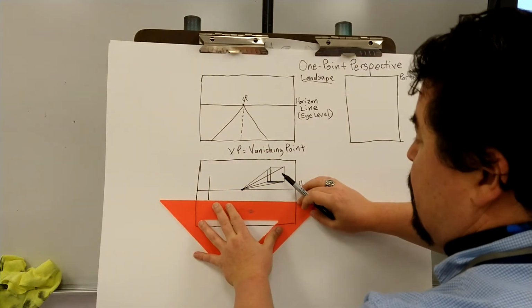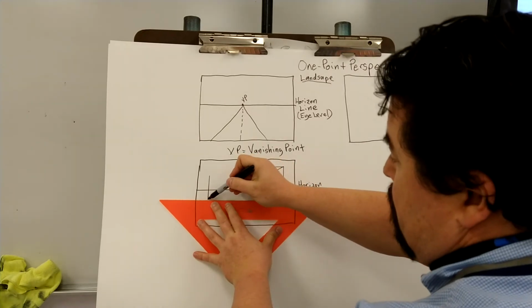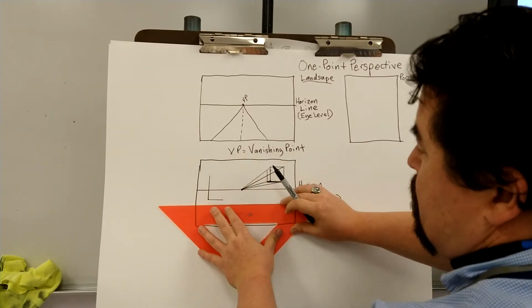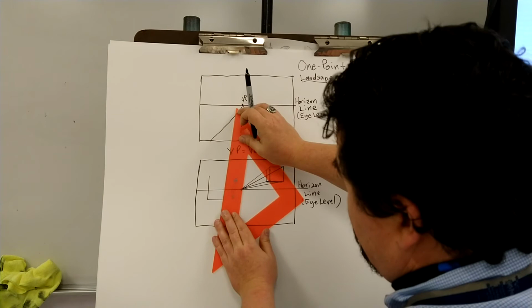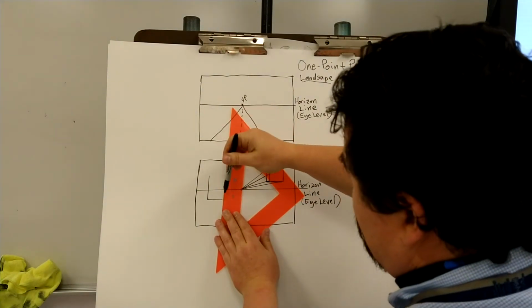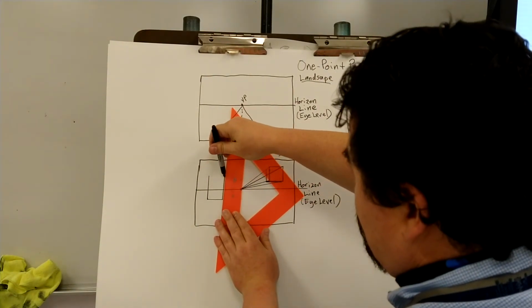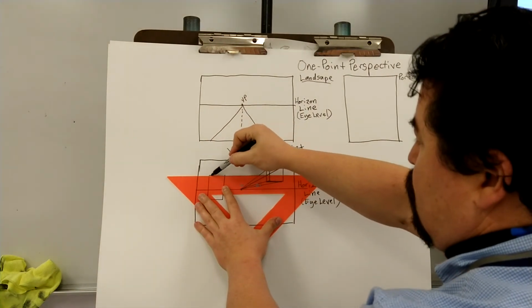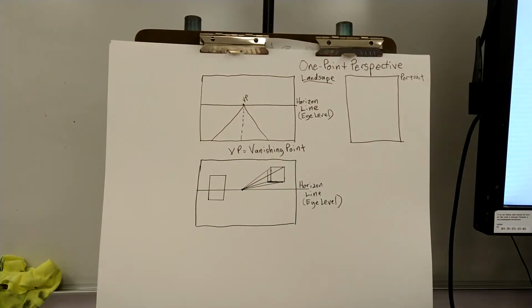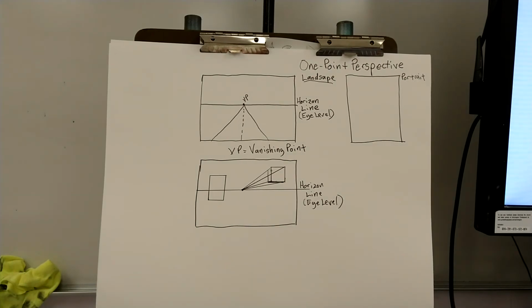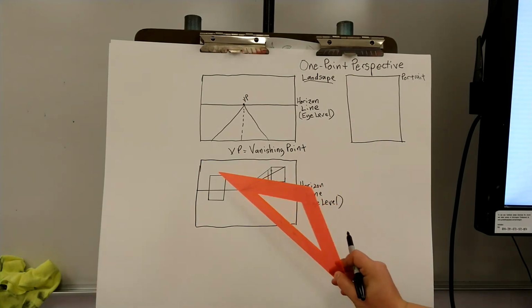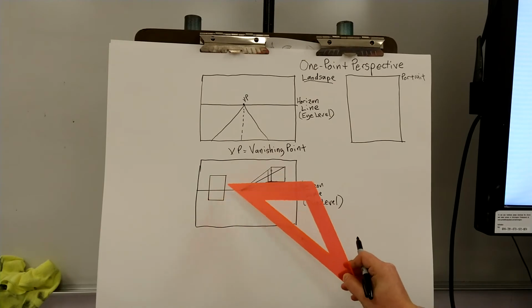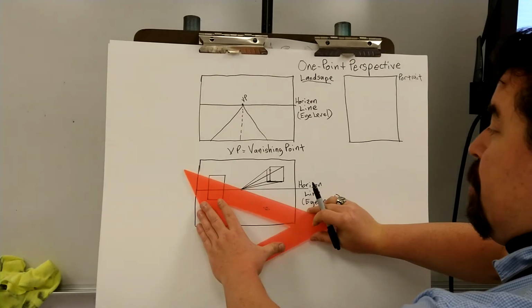This one I'm going to make a rectangle. Now you're also going to draw from each corner a line converging to the vanishing point.